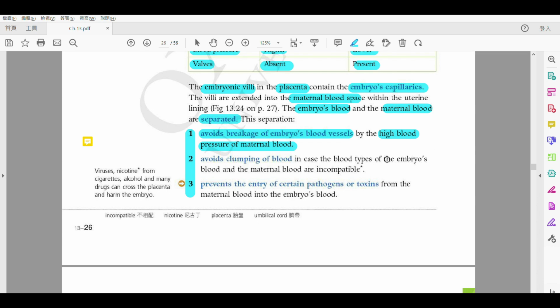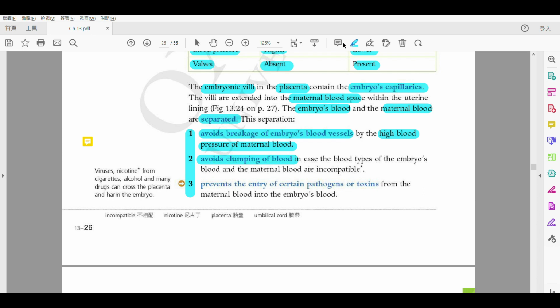Simply, you need to recite the whole sentence and know what the whole sentence is saying. Another reason is clumping of blood. We'll learn this later, in chapter 28 I think. Clumping of blood means blood agglutination, which happens when the blood types are different. We have Type A, Type B, Type O, and Type AB, and there are actually more.